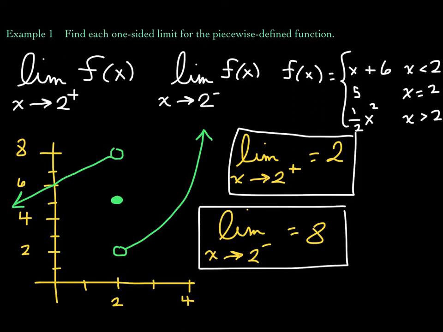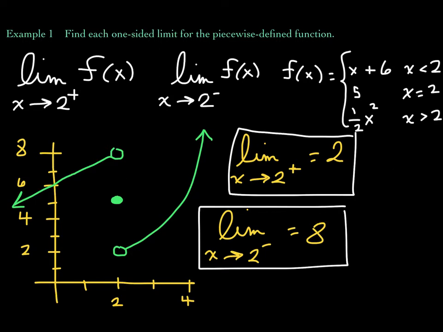All right, very good. Now, I want you to note that if you actually plug 2 in, f of 2 is equal to 5. And that is neither equal to the right-hand limit nor the left-hand limit, right?